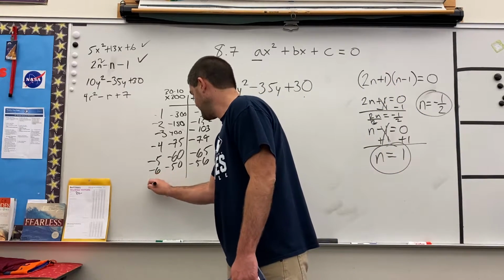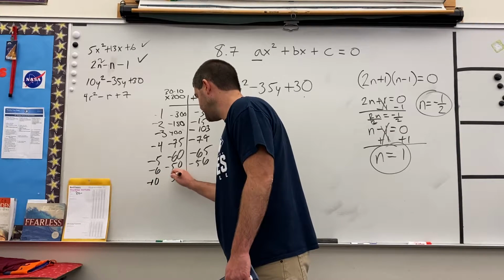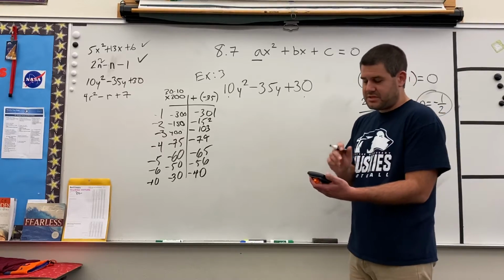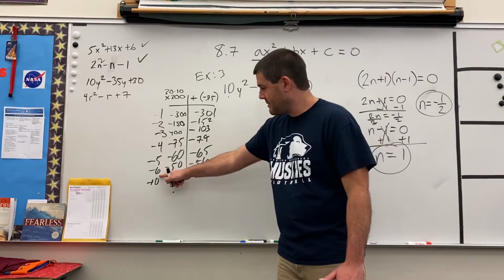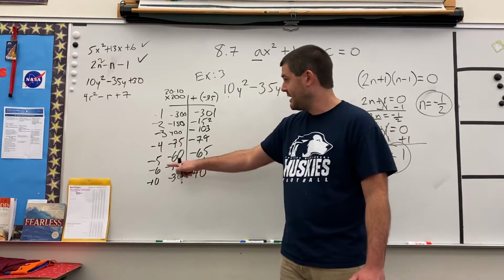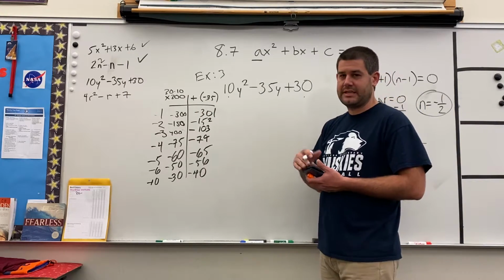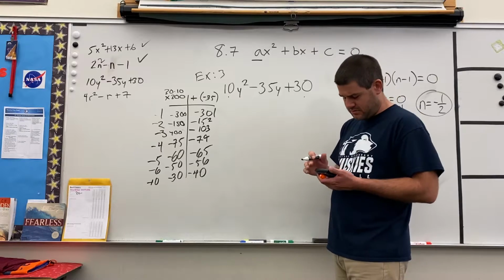So we have negative 10 and negative 30, but that's going to come out to negative 40. When I keep saying nope, that means that every time I try to divide 300 by 7, 8, 9, it's coming out an ugly number, like a decimal or something, because no numbers are ugly.